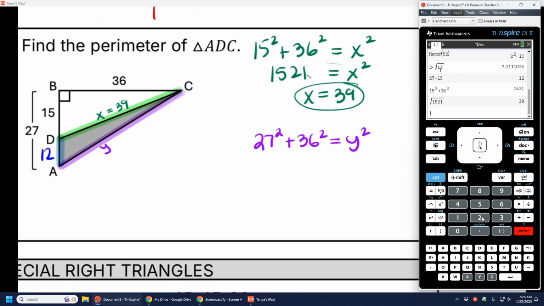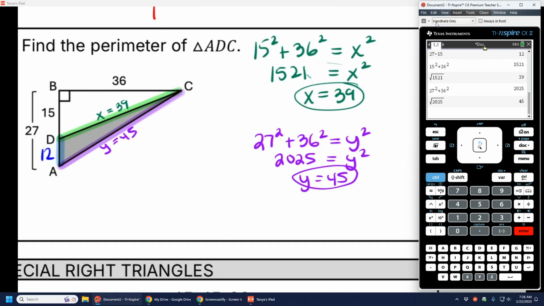And then let's find out what these two give us. Okay, so that right side is 2025. And then let's square root that. And hopefully it's a whole number. Yes, it is, 45. So Y is 45. So this missing side right here.